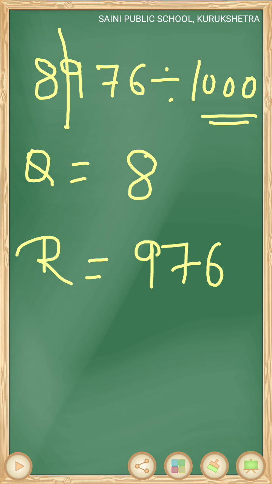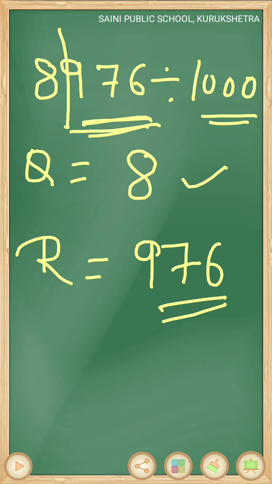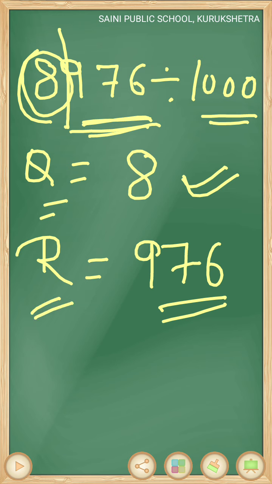It means we will obtain the remainder by separating the last 3 digits from the number, and this first digit will become the quotient. Okay, in this way we can write directly the quotient and remainder of two given numbers without dividing the numbers.